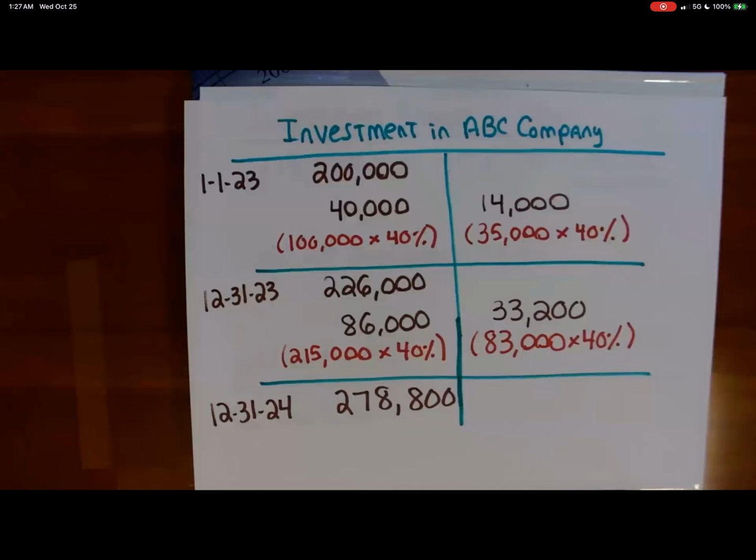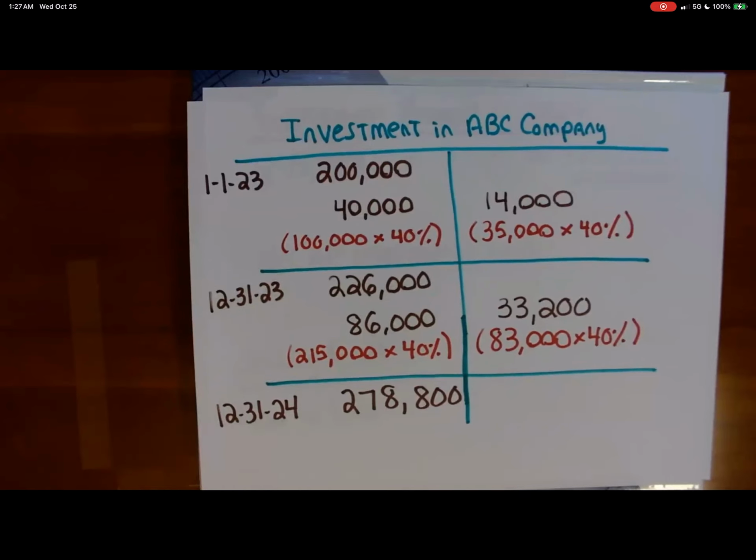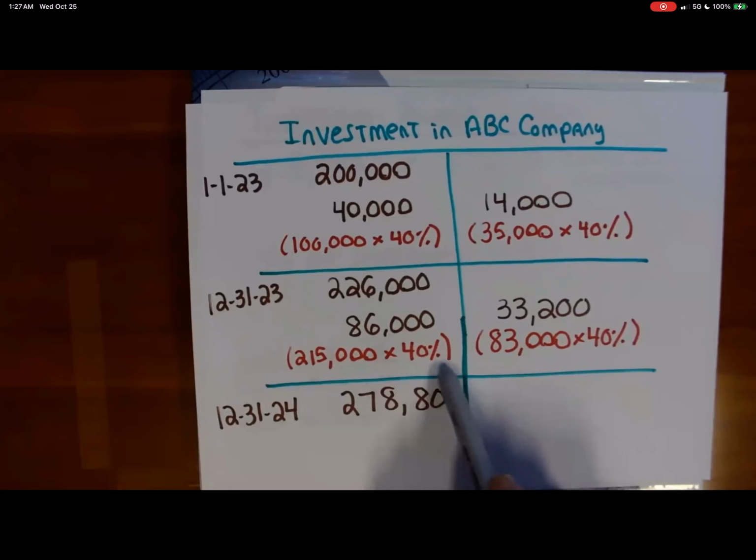Because on the date of sale, December 31st, 2024, the balance in the investment is not $200,000. The balance in the investment account we have figured out as $278,800. That is what we need to remove from the balance sheet, or at least 1/4 of that.